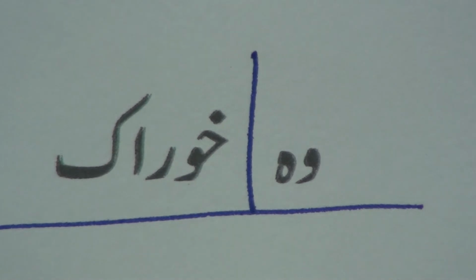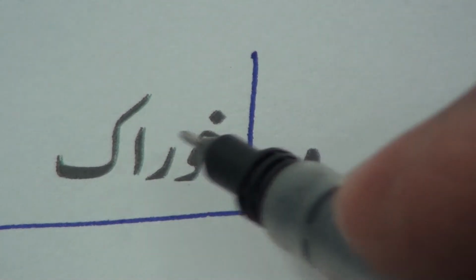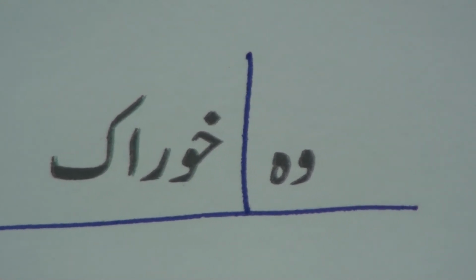Vo means he or she. Hurak. He, vav, re, alif, kaf. Hurak means dose or diet. And after vav comes he.